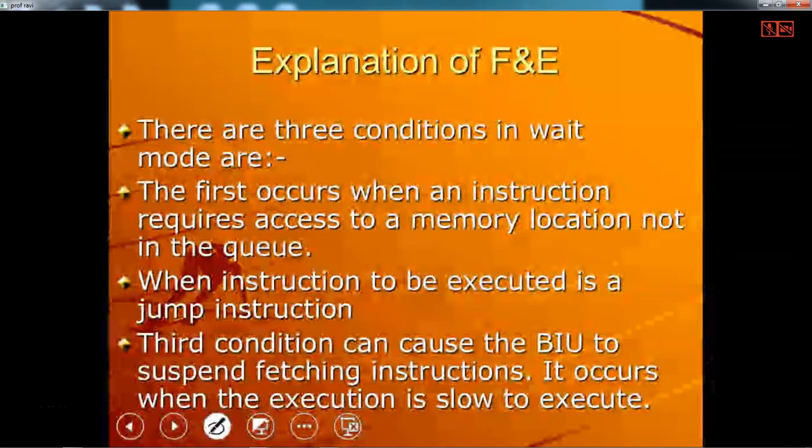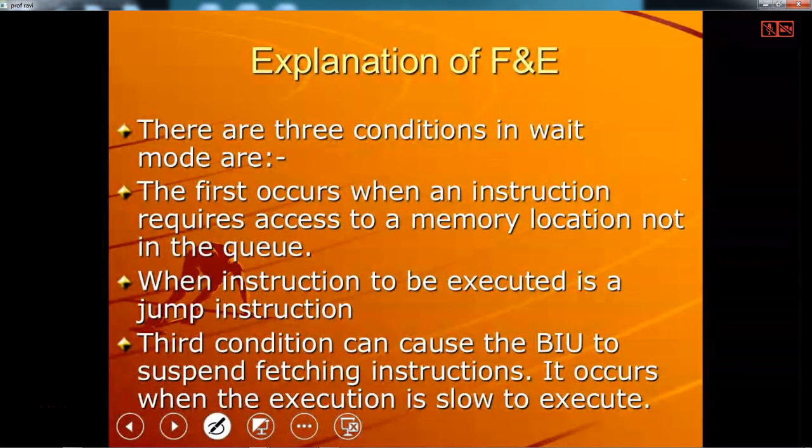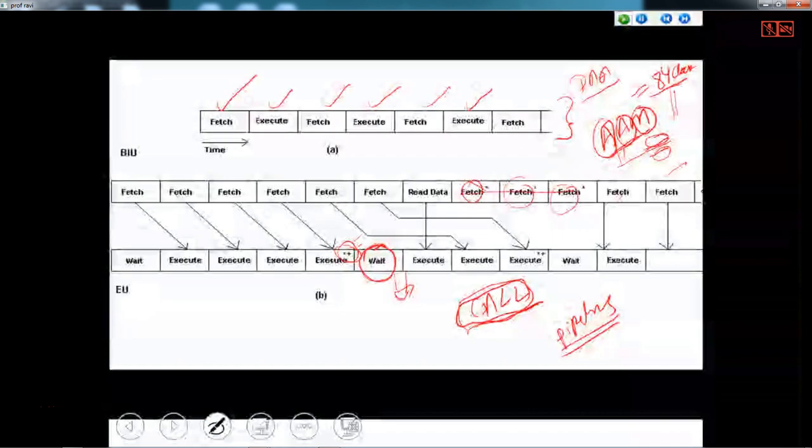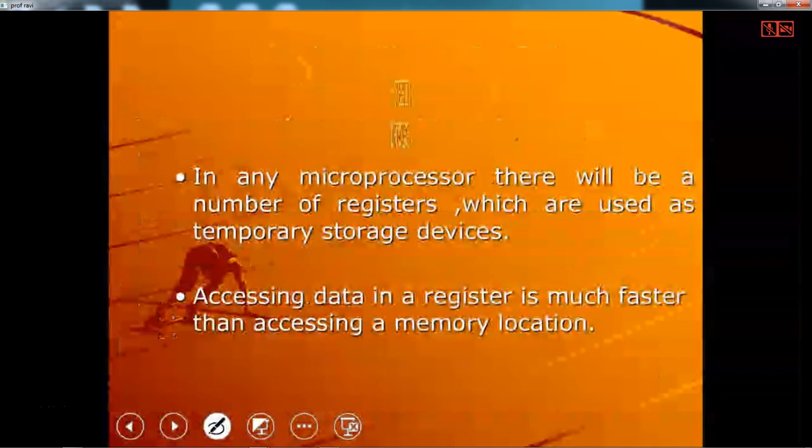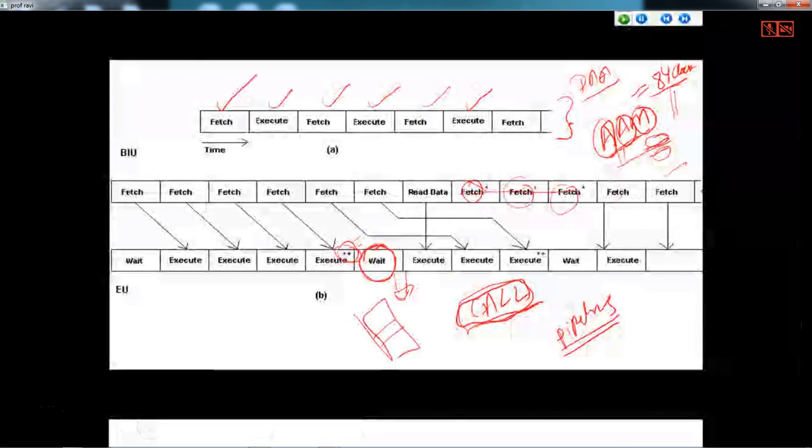So there are three conditions in which the BIU will suspend. The first occurs when an instruction requires access to a memory location not in the queue. Now you are executing an instruction which is there in the memory, but your operand will be somewhere else in the memory, and it is not available in the queue.